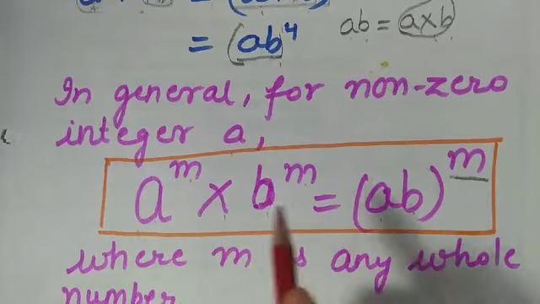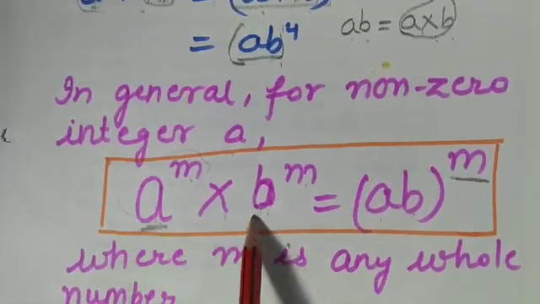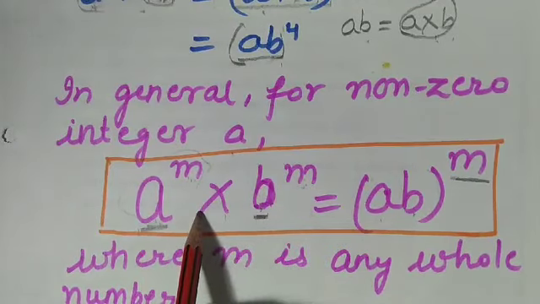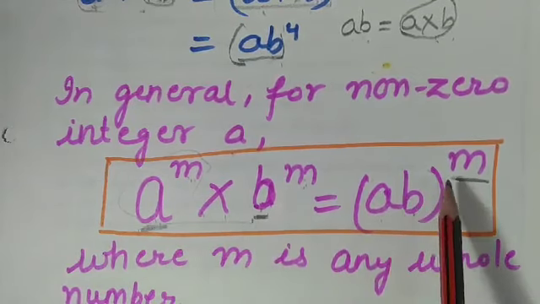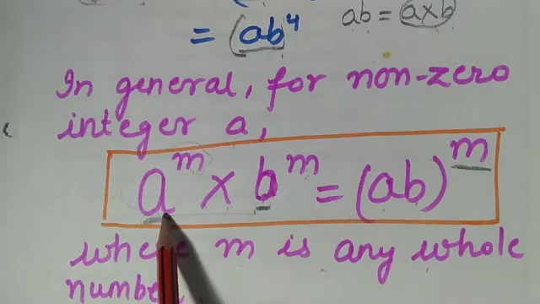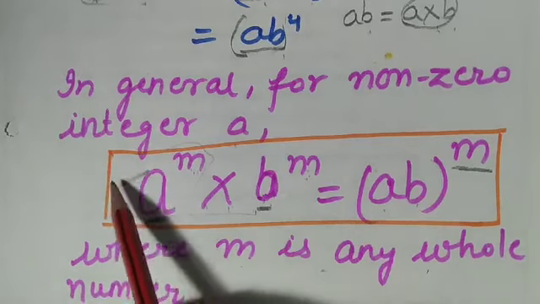In the examples I have explained that if you have two exponential numbers having different bases and the same power and you multiply them, then we can write this as A into B whole raised to the power m, where m is any whole number and A and B are non-zero integers. So this is our fourth law.